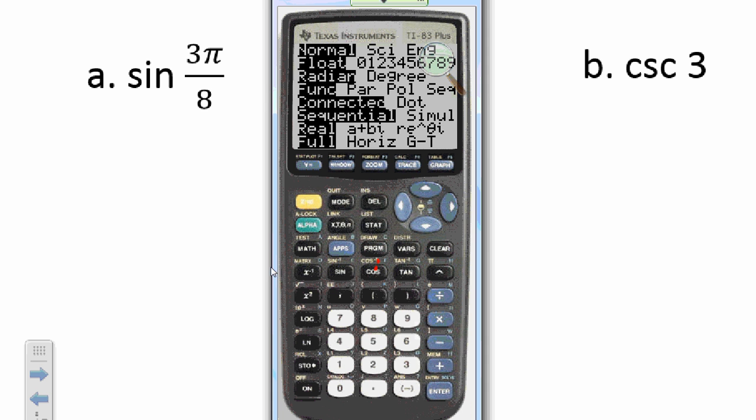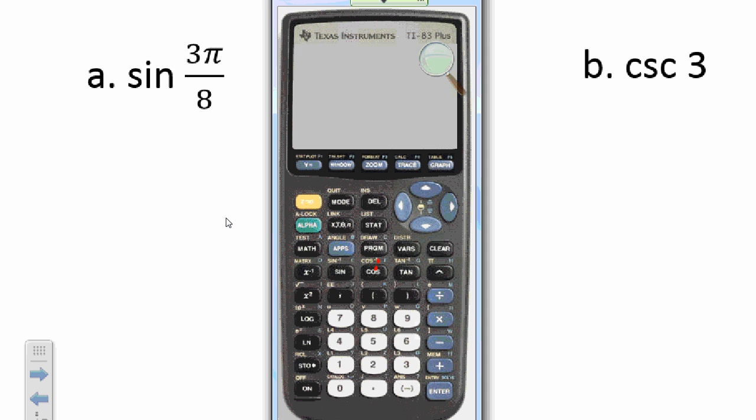Okay, so now I'm in radian mode. I want to take the sine of 3 pi over 8. So I'm going to quit this mode and do a 3 times pi divided by 8. Pi is the shift of your caret key. And I get 1.17.